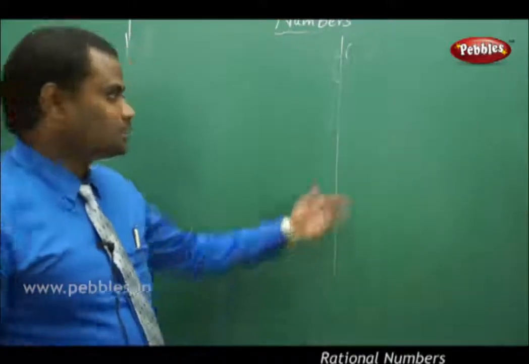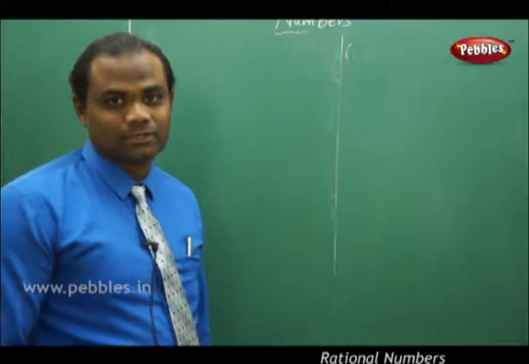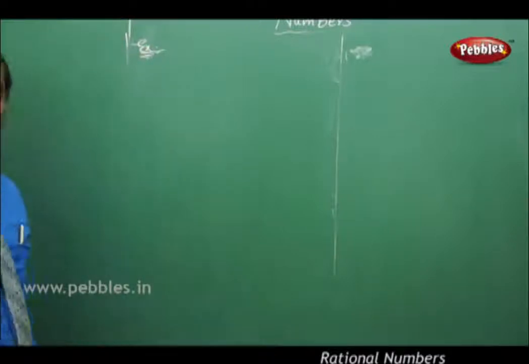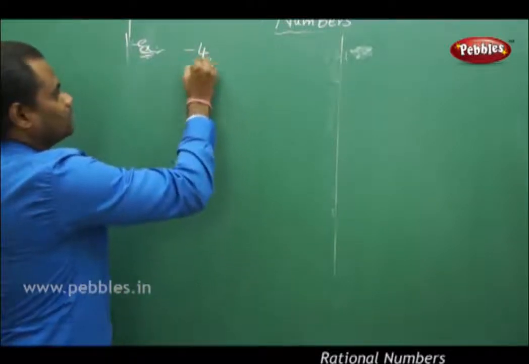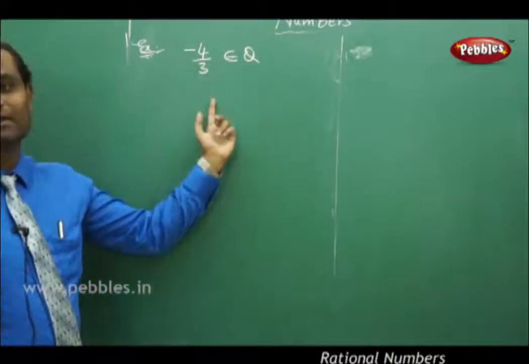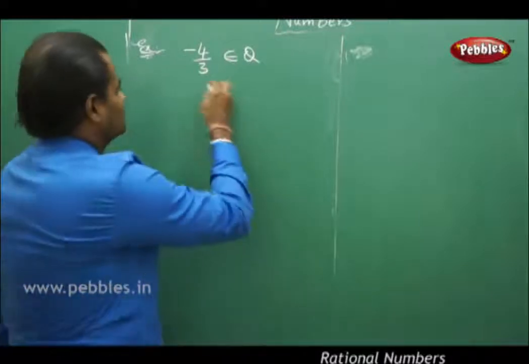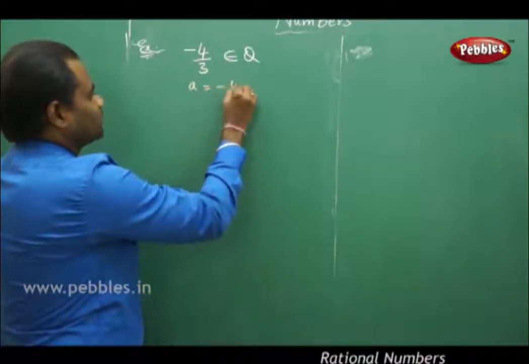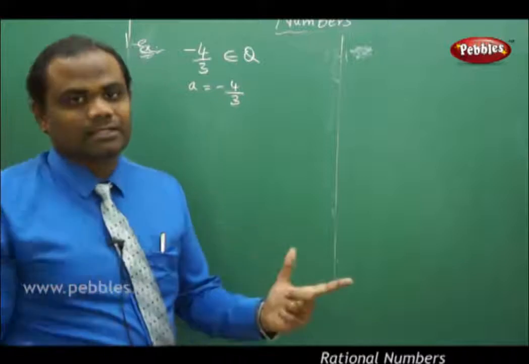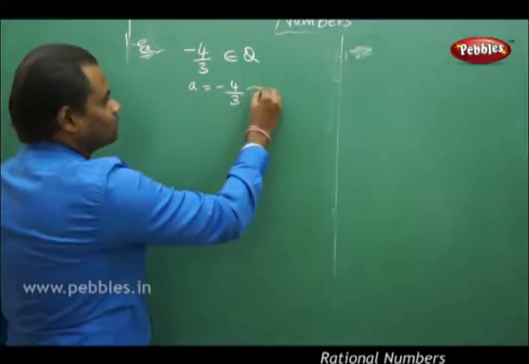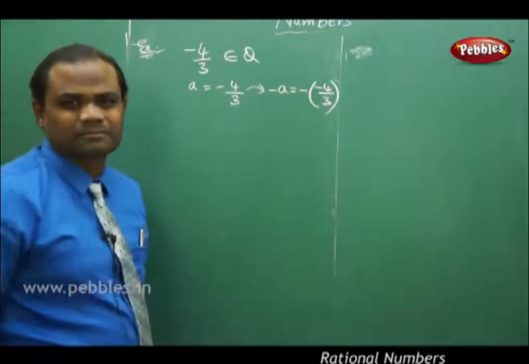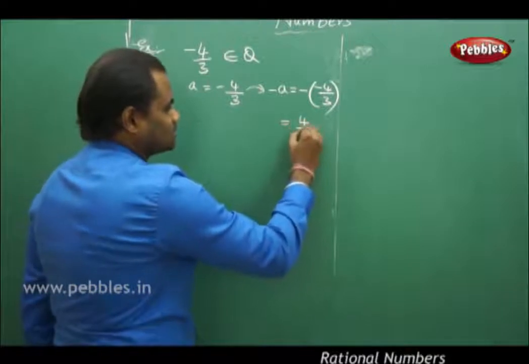Now continuing from the previous example, let's see what will be the additive inverse of a negative number. So let me take minus 4 over 3 belonging to Q, and I would like to find the additive inverse of this negative rational number. In this case, I identify this to be A, and we have seen in the previous case that the additive inverse of A is minus A. So this can be written as minus of minus 4 by 3, which becomes instead plus 4 by 3.